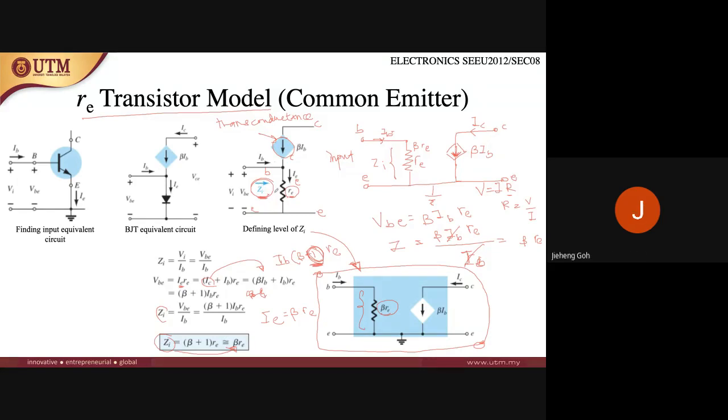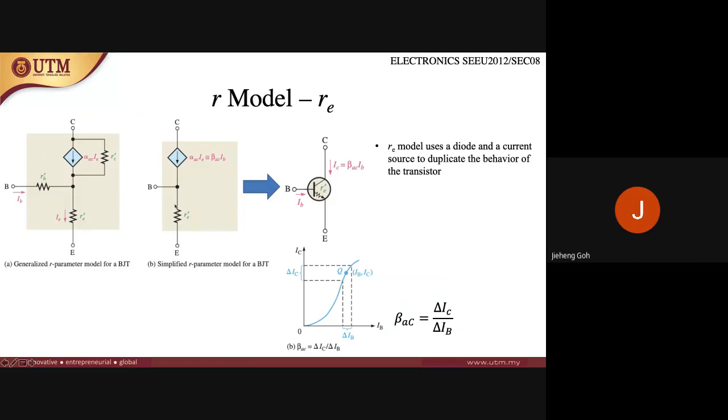RE and ZI are not the same, because ZI is impedance, while RE is the resistance at the emitter, which is this part.